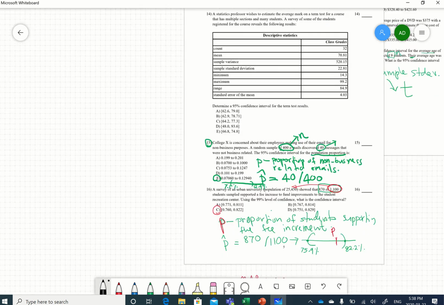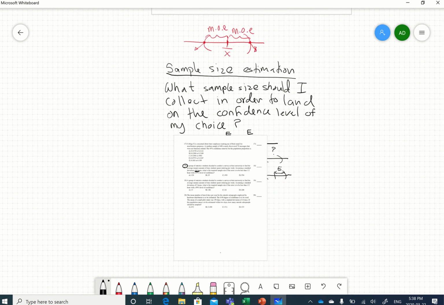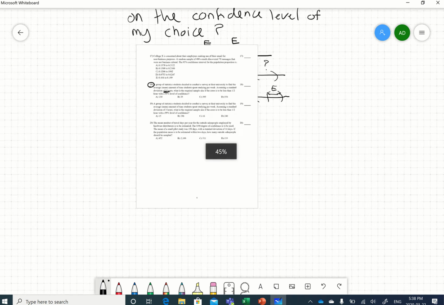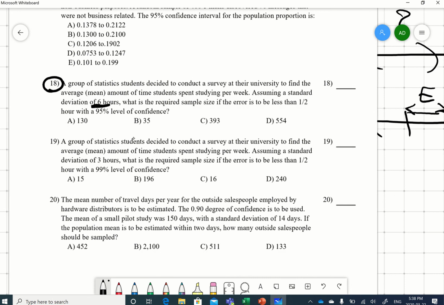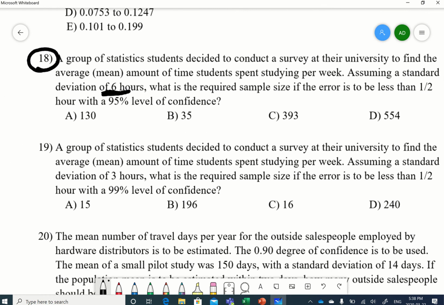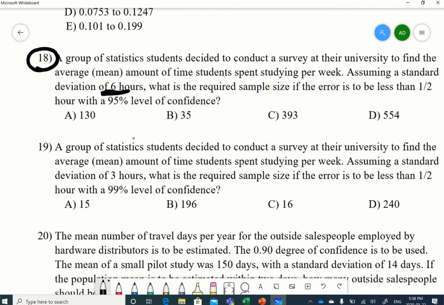What is the required sample size? What is your N? If error is to be less than half an hour with 95% level of confidence.